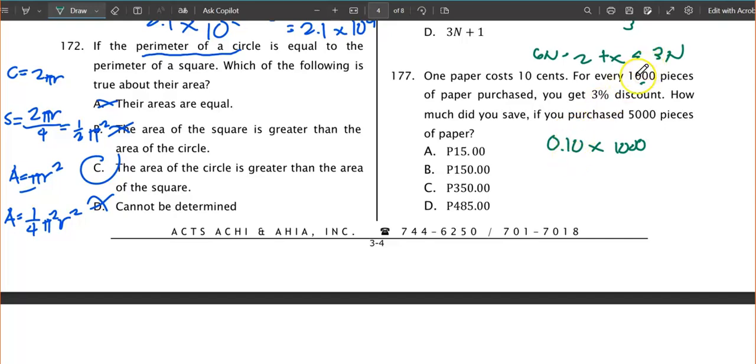We just move the decimal with respect to the number of zeros, 1, 2, 3. This is going to give you 100. So 1,000 pieces cost 100. 3% of that is 3. So for 5,000, just multiply it by 5. You're going to get 15. That is letter A in the choices.